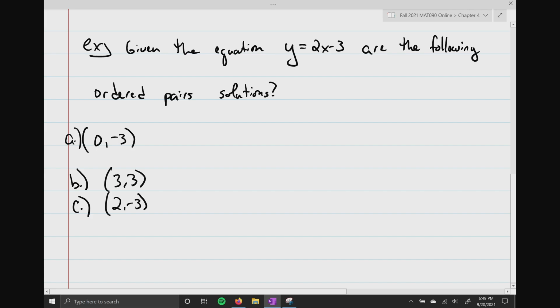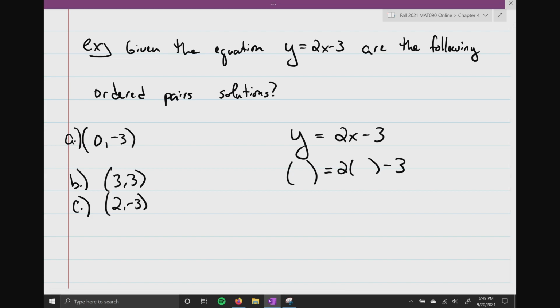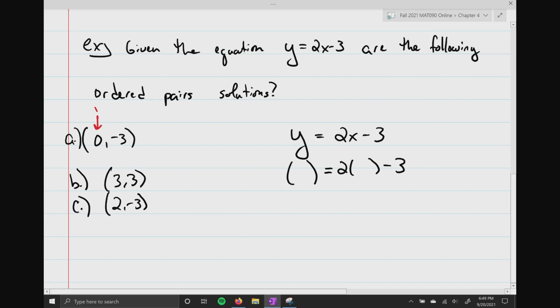So really, all I'm asking you to do is just substitute and tell me if we have a true statement. So what I always like to do is rewrite the equation, and then directly underneath, wherever I see the variables, I'll put parentheses. And now I'm going to make my first substitution. So for part A, x is going to be 0.